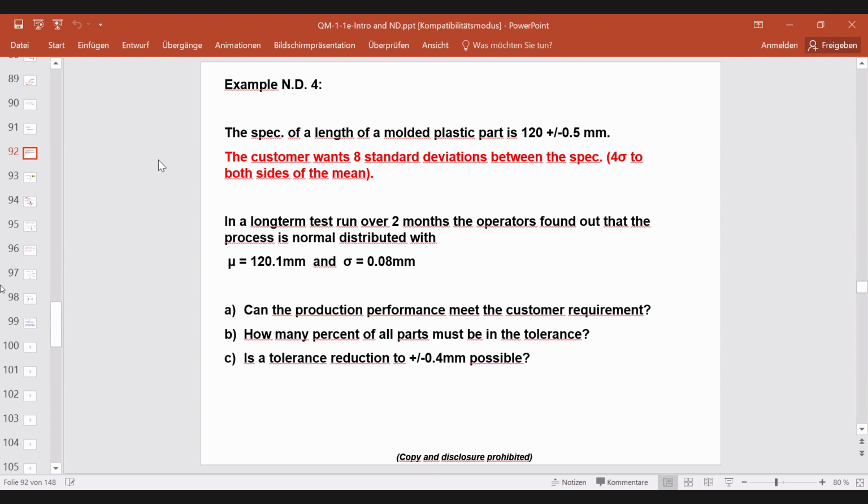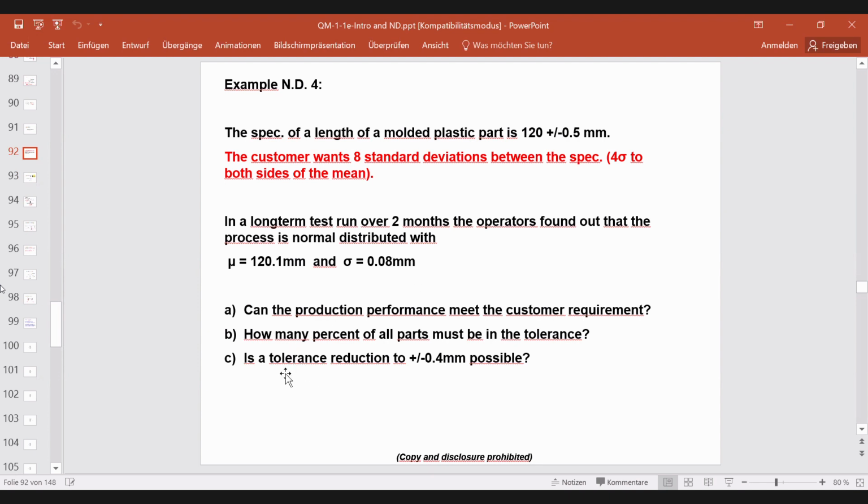In a test run over a longer time, over 2 months, the operators found out that the process is normal distributed and the mean value is 120.1 and the sigma, the standard deviation, is 0.08 millimeters.